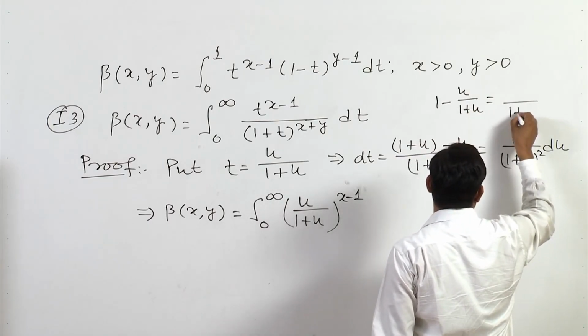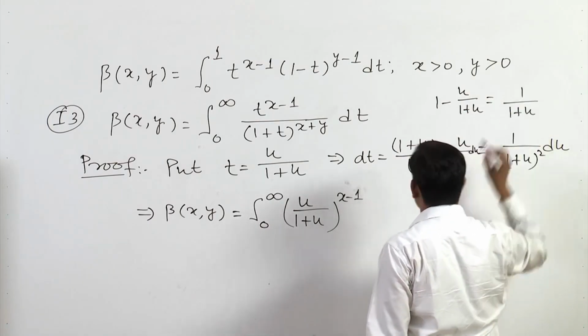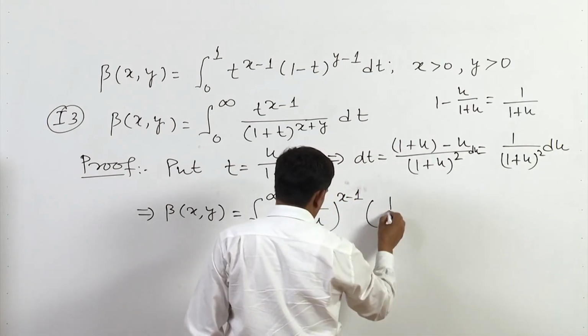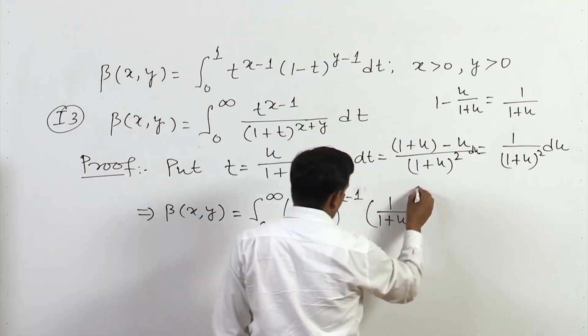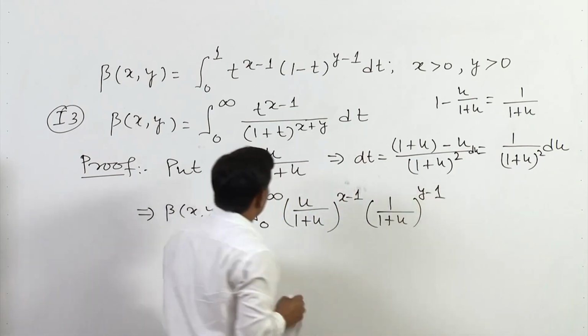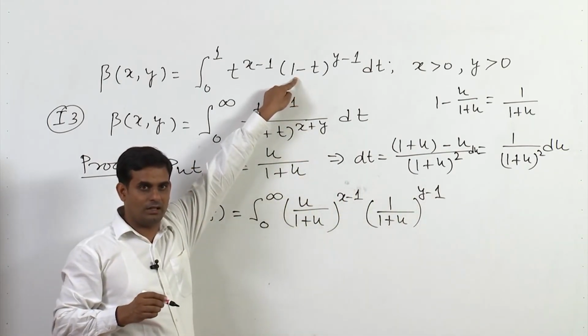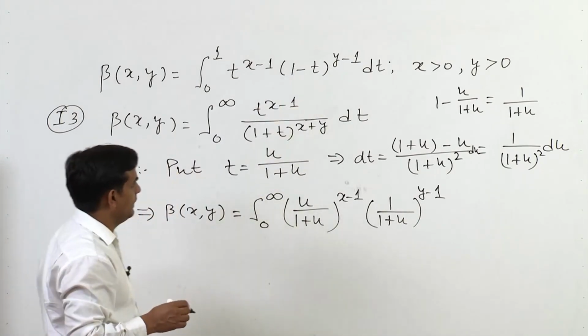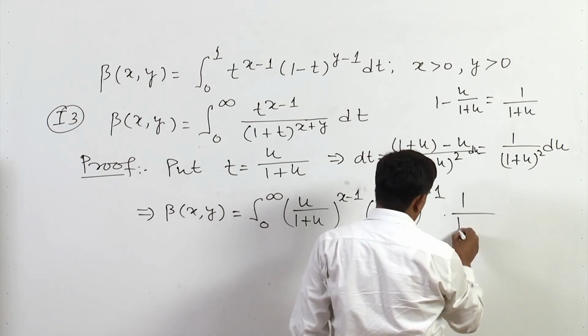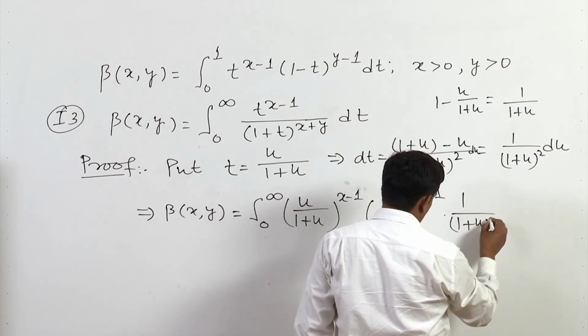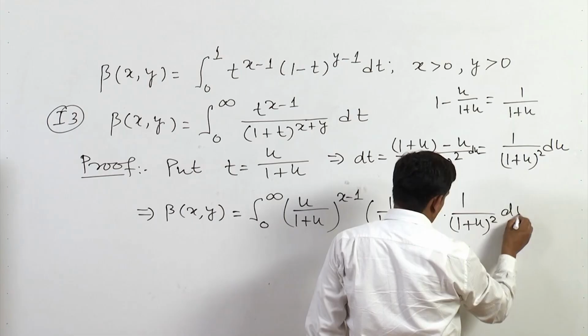So, this will become 1 plus u minus u, so 1 upon 1 plus u. So, 1 upon 1 plus u raised to power y minus 1. So, this is coming for this particular term, and then dt. So, dt is 1 over 1 plus u whole square du.